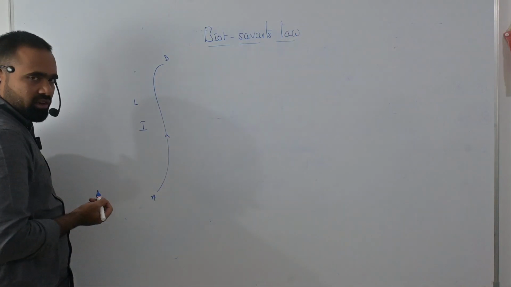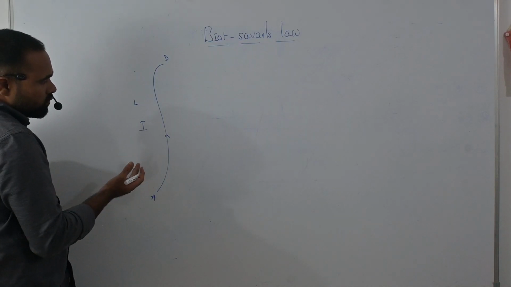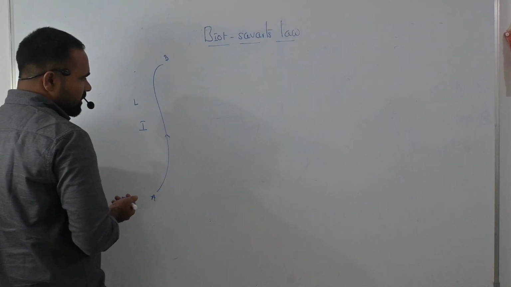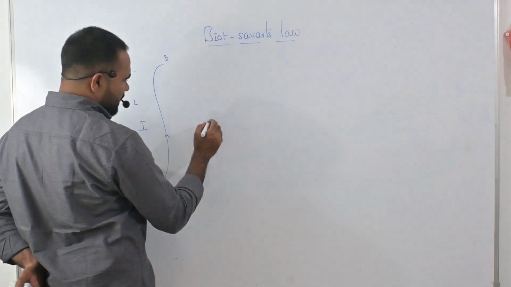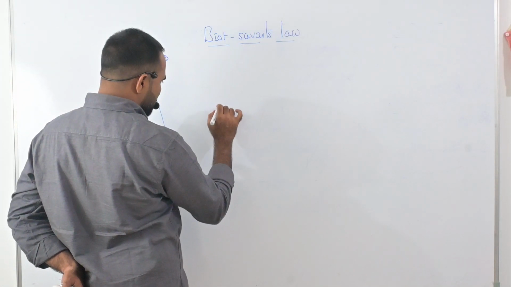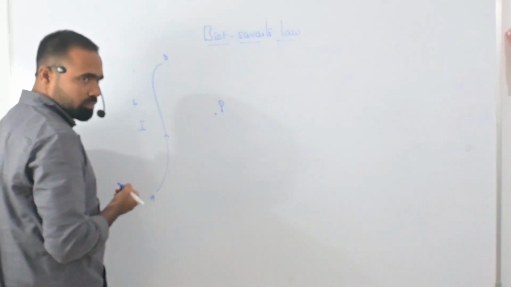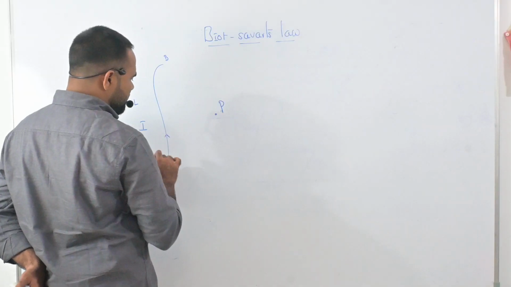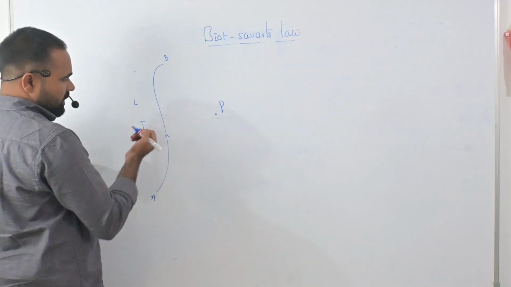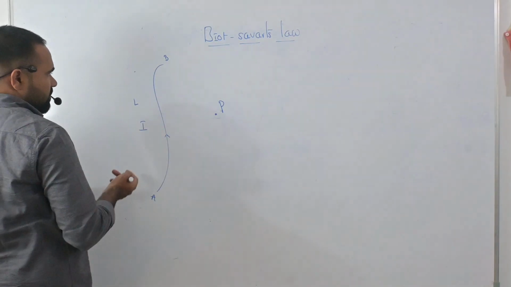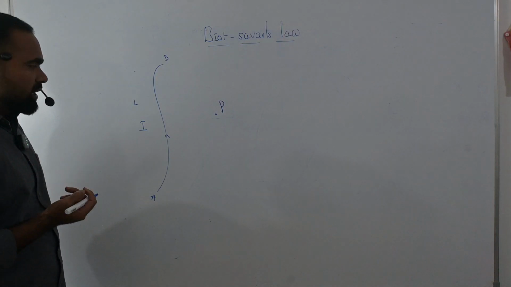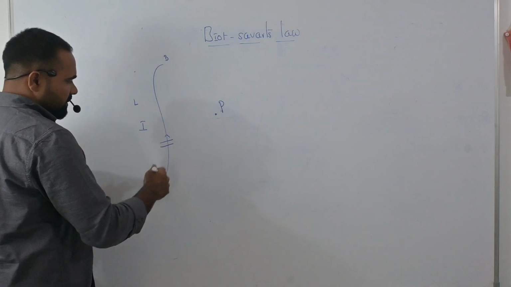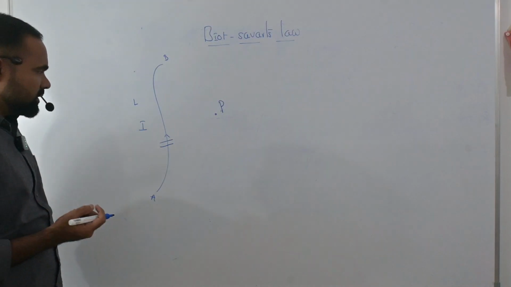In the current carrying wire, I want to find out the magnetic field strength. For that I am taking one point, named P, at a particular distance from the wire of length L. This wire is a collection of n number of elements.